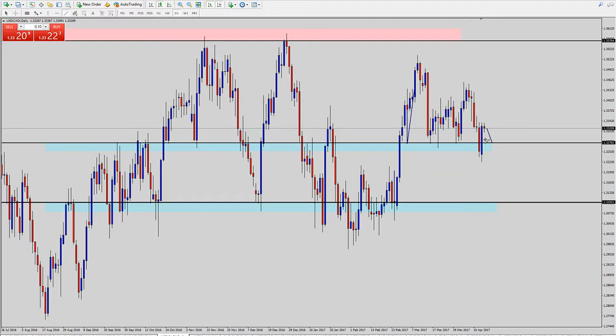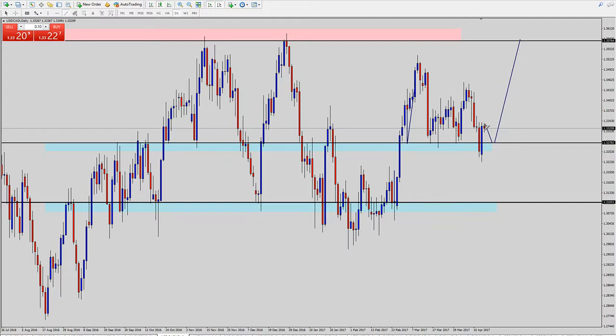As soon as we get down to that area, the 132, we're looking for bullish confluence, and then we want to see a push up to these highs, looking left, potentially to the next high or all the way up to the 135 zone.